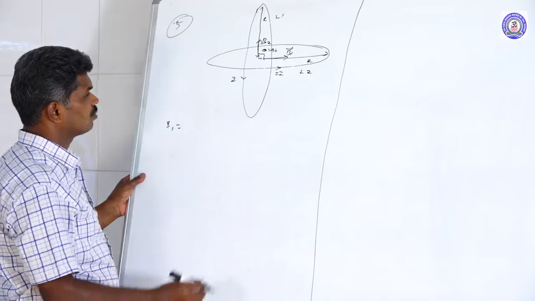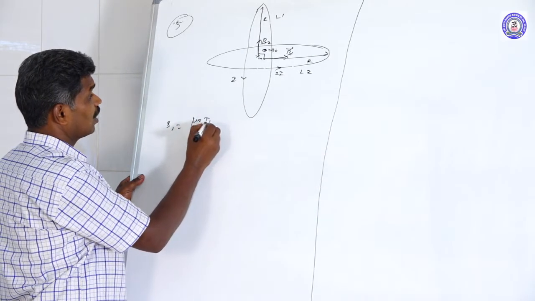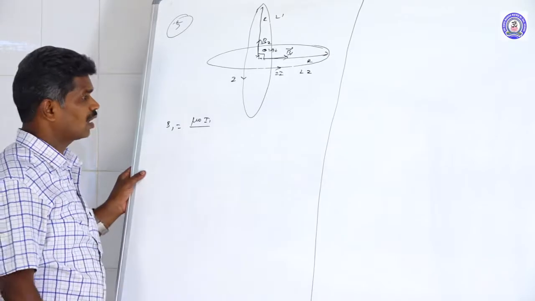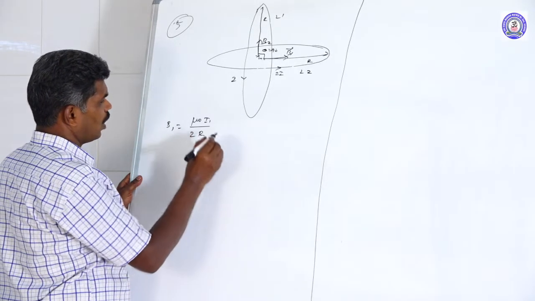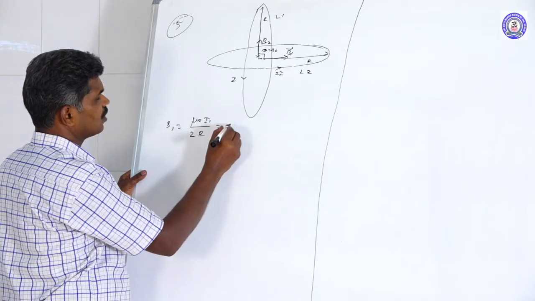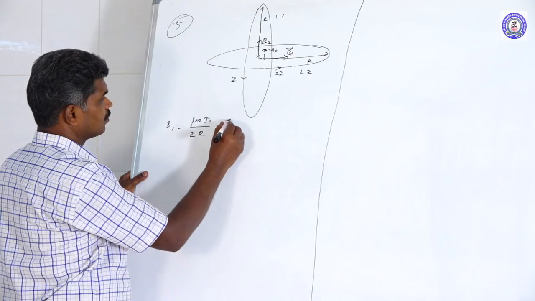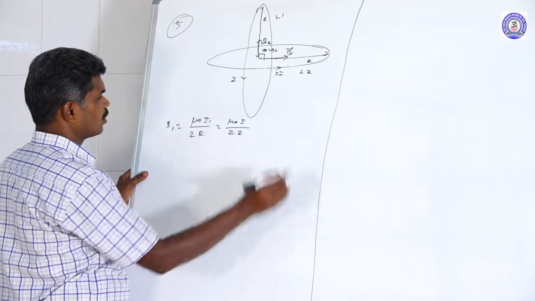B1 is equal to, for the first coil at the center, mu naught I1 divided by 2R. It is for the center. Its value, I1, is assumed as I, so mu naught I by 2R.